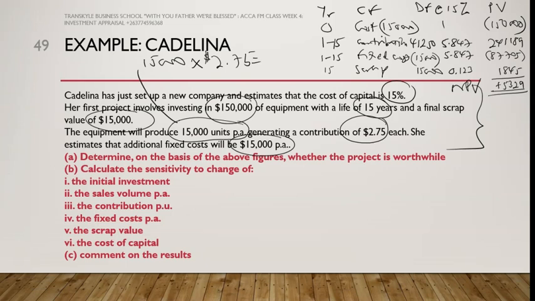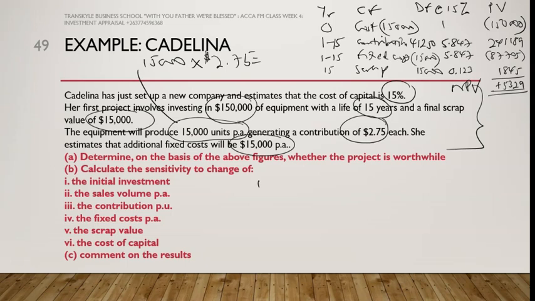We know that our initial investment is 150,000 and our NPV is 5,329.